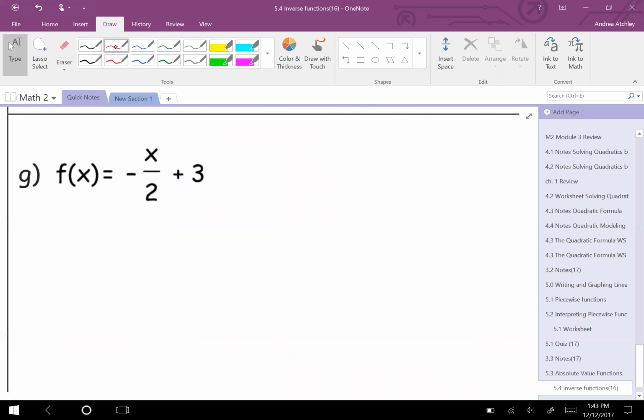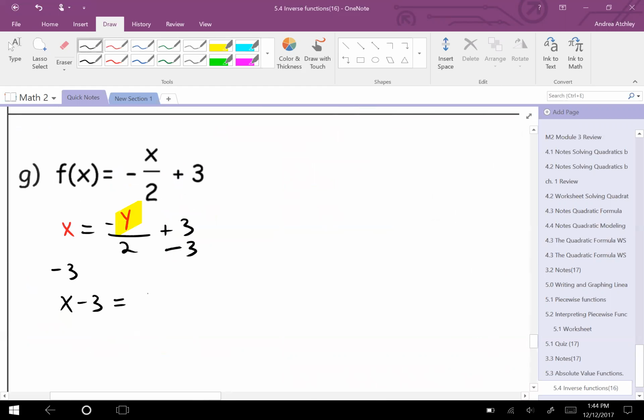Same steps, we're going to replace the x and y. So I want to get that y by itself. So I'm going to subtract the 3 from both sides. I'm going to get x minus 3 equals negative y over 2.